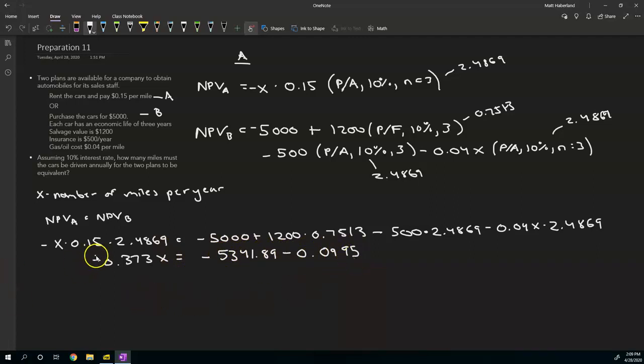We can multiply both sides by -1, and subtract, since this is multiplied by x, this from both sides. And we'll divide both sides by this factor.